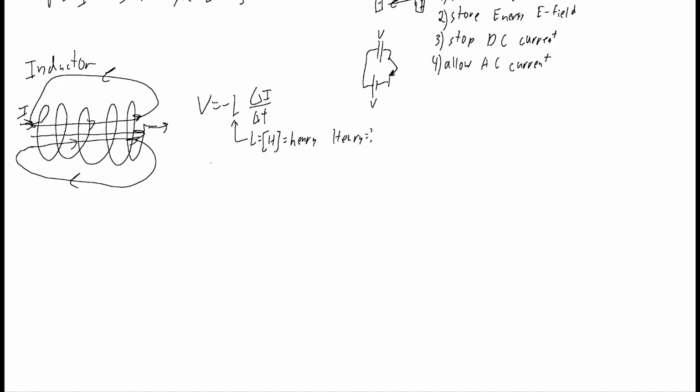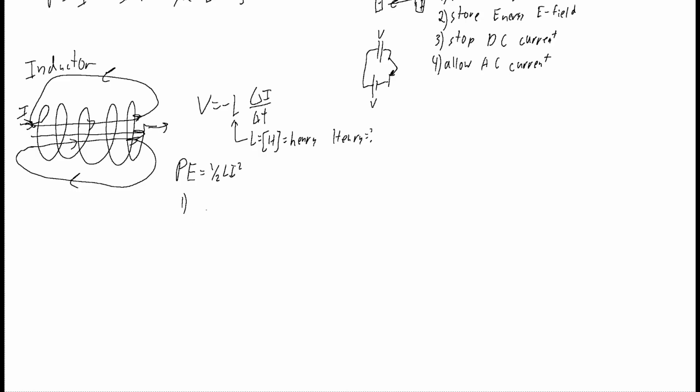But we can also store potential energy. Technically it's potential energy in the field itself. And so this energy is 1/2 L I squared. You probably could rearrange this and substitute things into it if you wanted to. I don't know why.